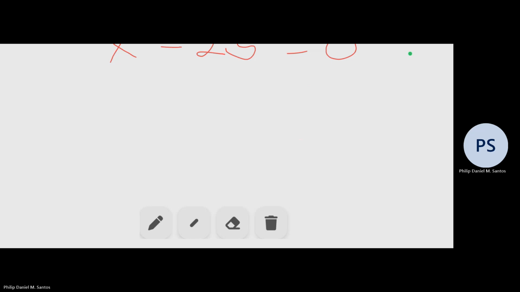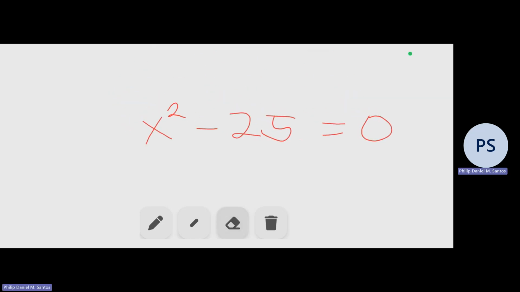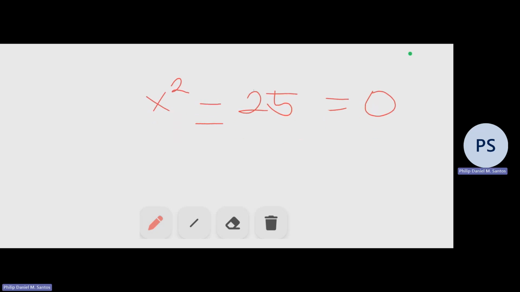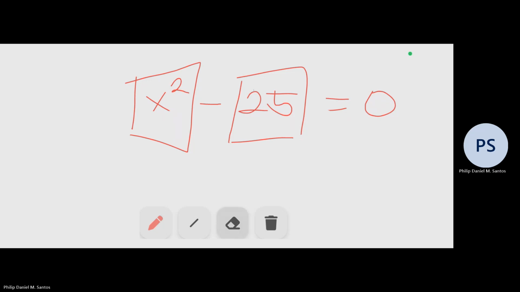So, if you see this, if there's only two terms, first of all, and it's subtraction, and both of the terms are perfect squares, then it's actually super easy to solve it.